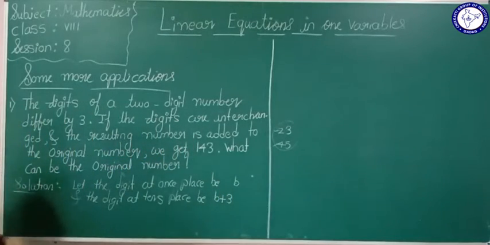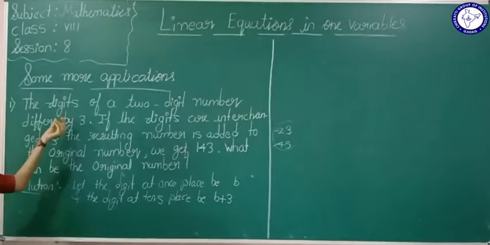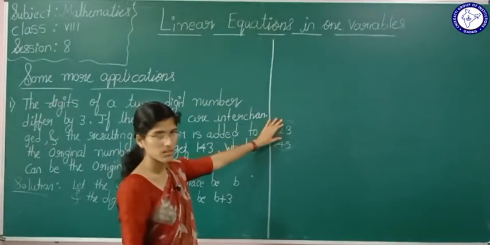What they are telling is, if you take any two-digit number, its digits should differ by 3.